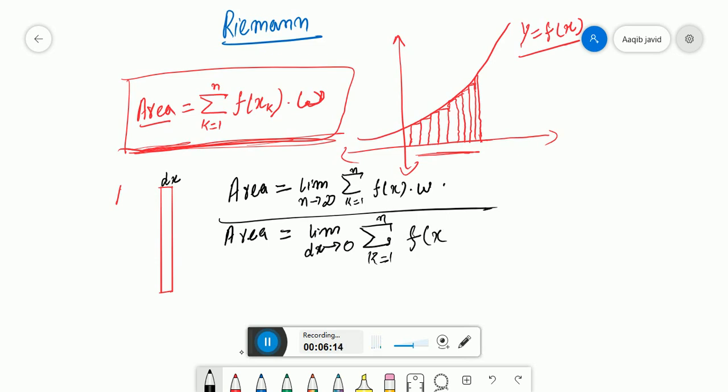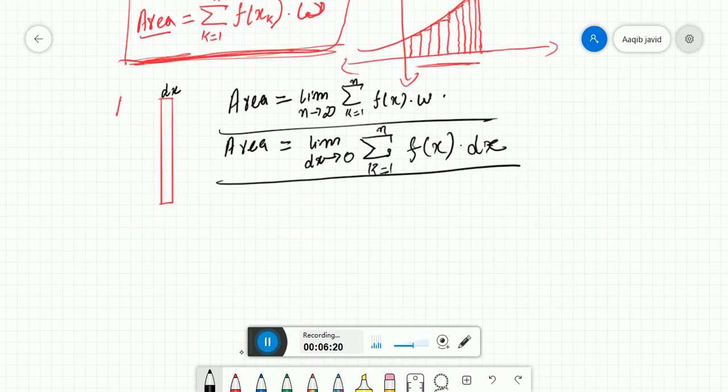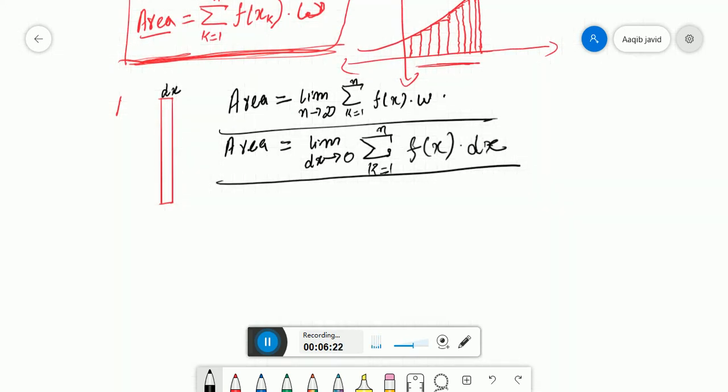Now right here the width is dx. But now the problem was almost solved, but the remaining problem was right here.